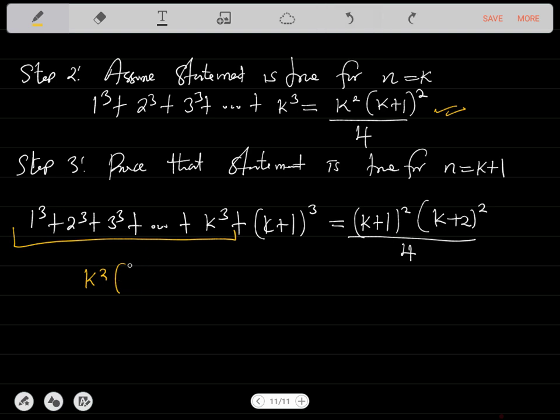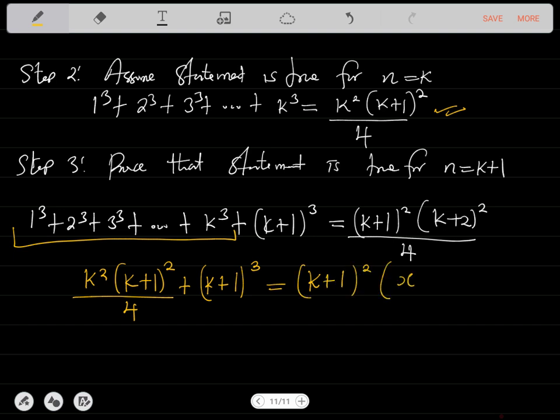Over 4. Then you say plus (k plus 1) cubed. This is equal to (k plus 1) squared times (k plus 2) squared over 4.